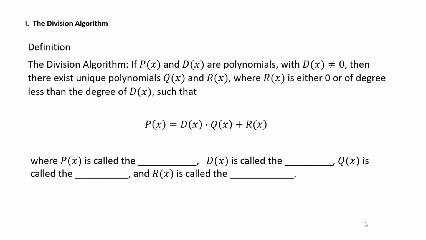If p of x and d of x are polynomials, with d of x not equal to 0, then there exist unique polynomials q of x and r of x, where r of x is either 0 or of degree less than the degree of d of x, such that p of x is equal to d of x times q of x plus r of x, where p of x is called the dividend, d of x is called the divisor, q of x is called the quotient, and r of x is called the remainder.